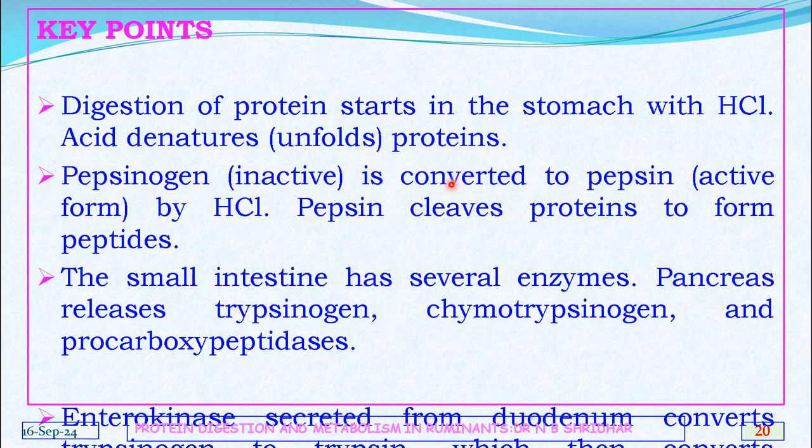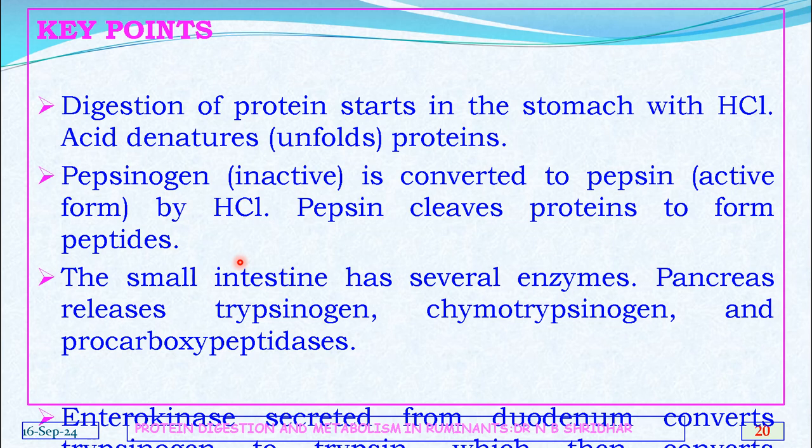Pepsinogen is converted to pepsin, the active form, by the hydrochloric acid HCl. So this is the digestion of protein in the monogastric animal. Pepsin cleaves proteins to form peptides.